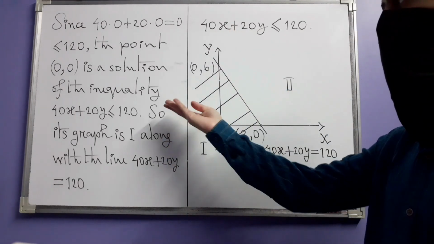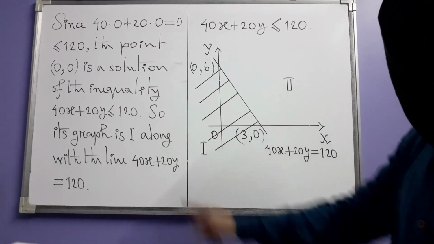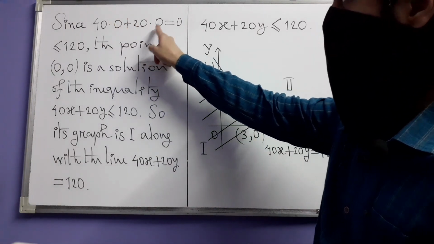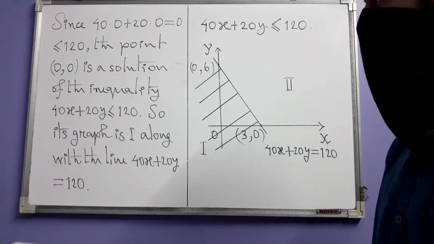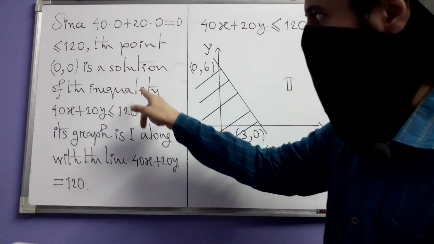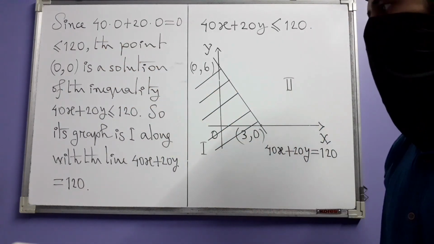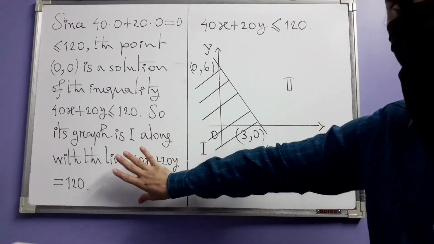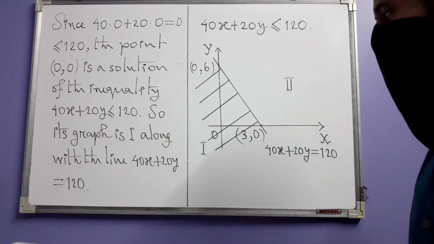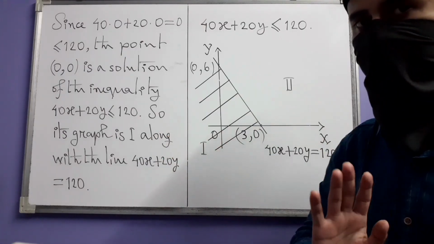And this is how you can actually write the solution. Since 40 times 0 plus 20 times 0 is 0, which is obviously less than or equal to 120, the point 0, 0 is a solution of the inequality. So its graph is 1. This part I have written briefly because I do not have much space here, but you can write it elaborately.